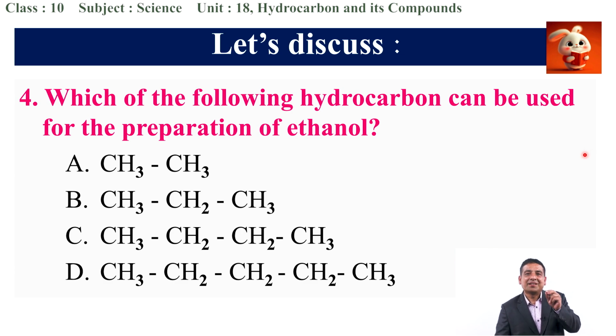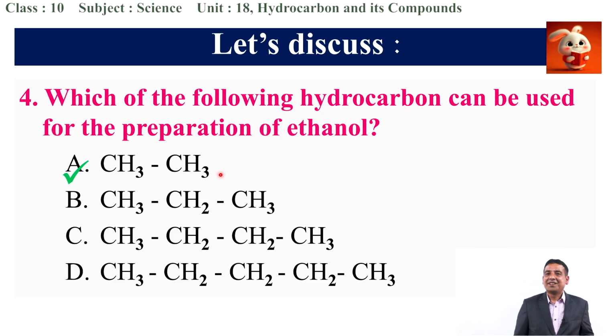How many carbons does it bear? 2. So, the hydrocarbon which consists of 2 carbon atoms can be used for the preparation of ethanol. Which of the following is the correct answer? Yes, the first one, ethane. Through ethane, by using different reagents, we can prepare ethanol easily.